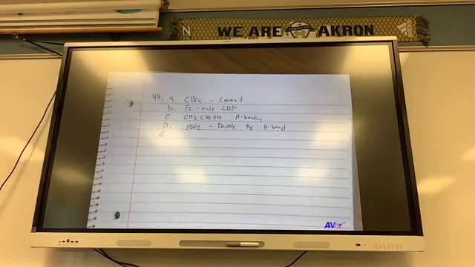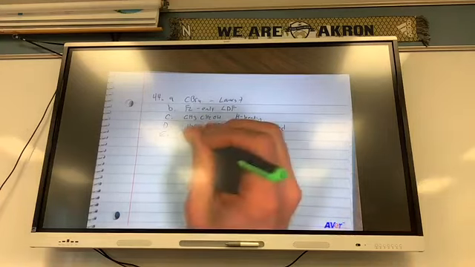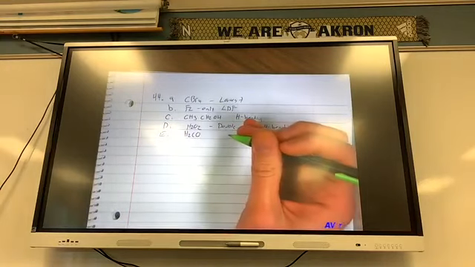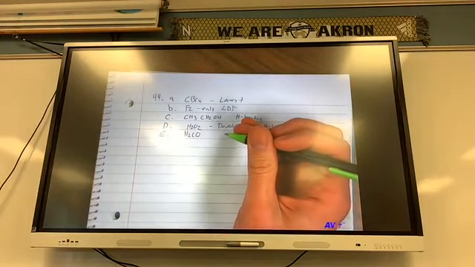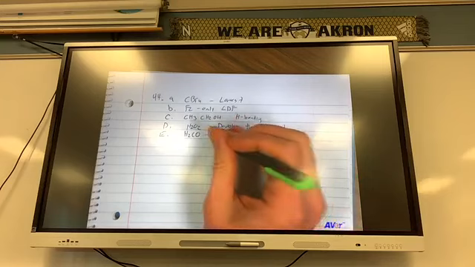Does that mean most heat required to vaporize 1 mole? The strongest forces. So what's that going to be? H2CO. Why? Dipole. It's polar.